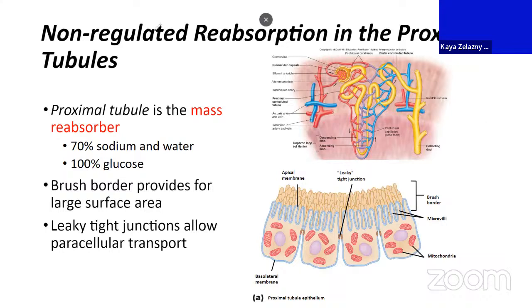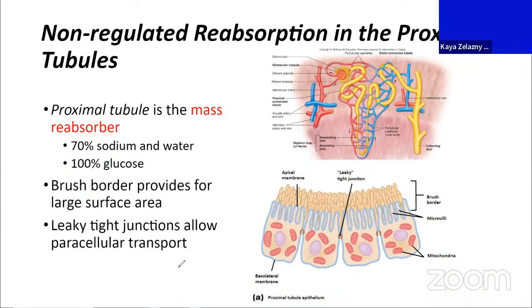So if we were to look at the cells lining the proximal tubule, those renal cells are going to have a particular kind of shape to them in order to make this process work. Okay. So one thing is they're going to have a really nice big surface area. So we have what we call a brush border to these cells. Right?